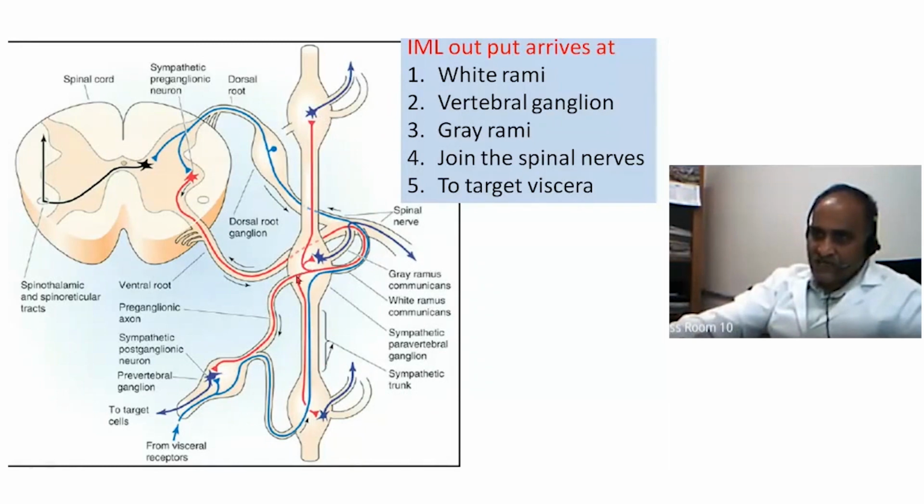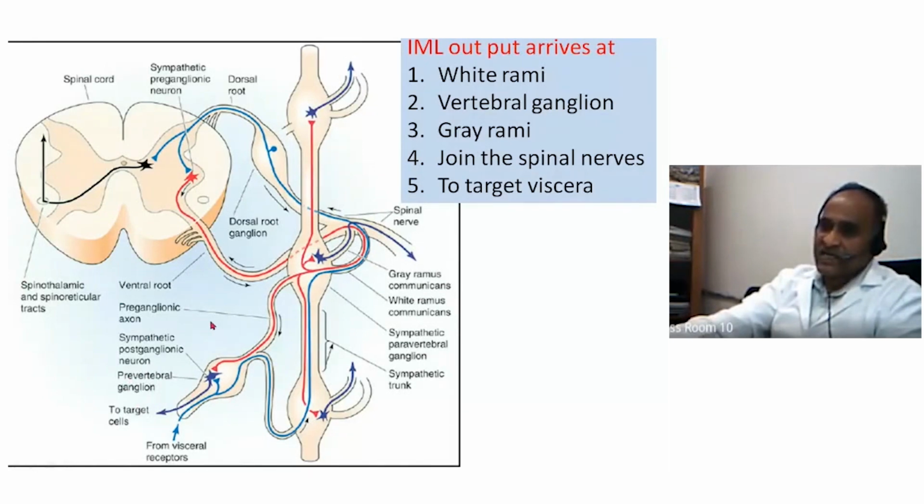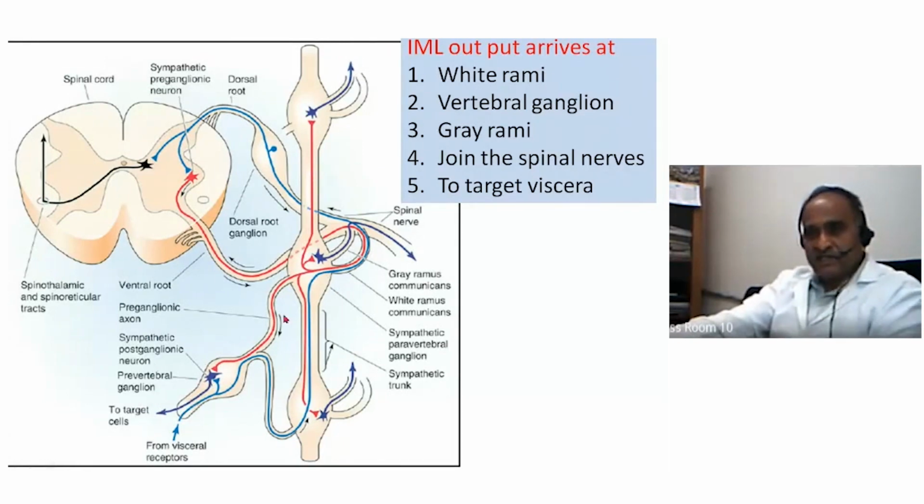Second, the fibers which are not synapsed, especially those supplying the prevertebral ganglion, that is the mesenteric ganglion or celiac ganglion, or the adrenal medulla. They reach there and make a synapse, and then postganglionic fibers arise. So that is about the efferent pathway.